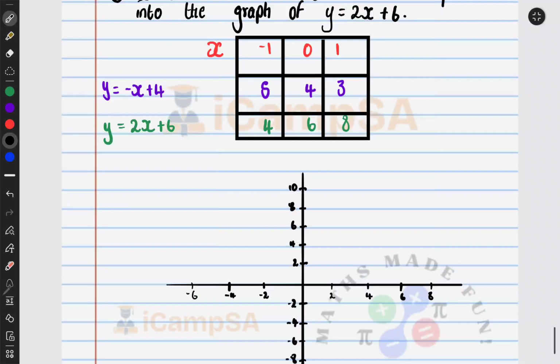Okay, let's plot our functions or our points.